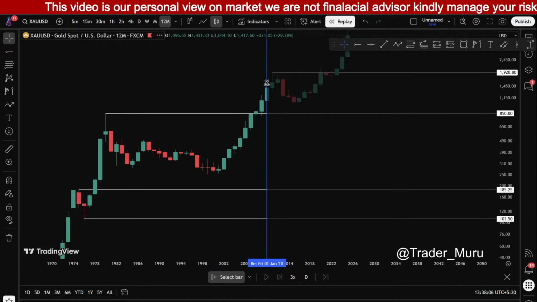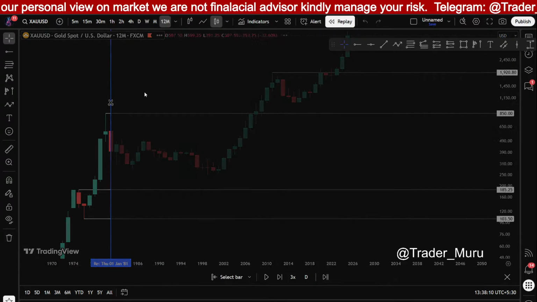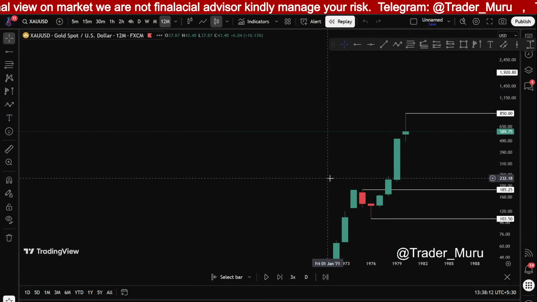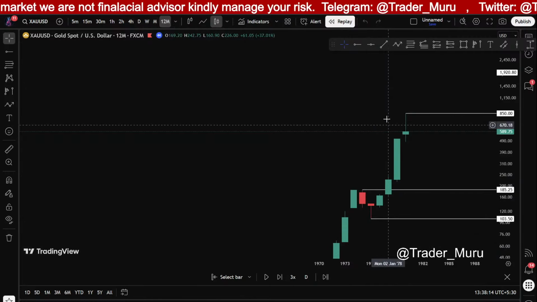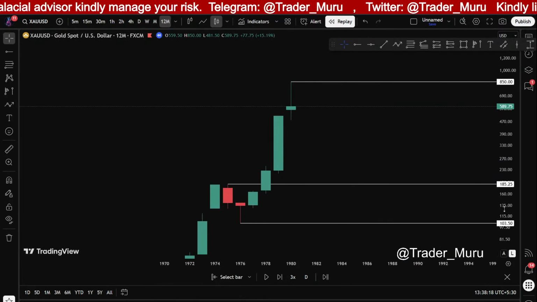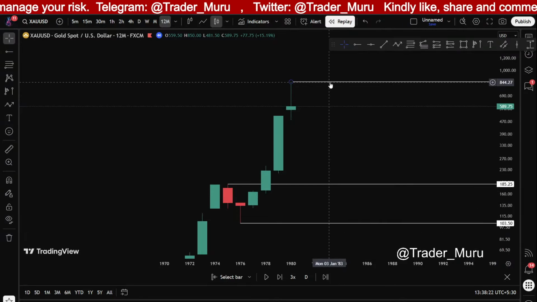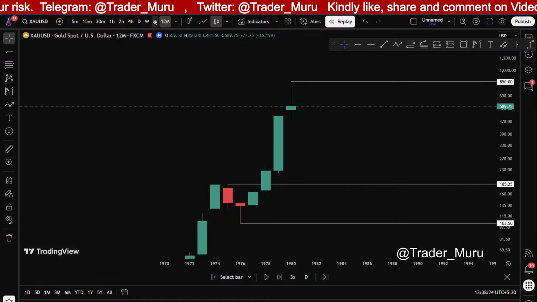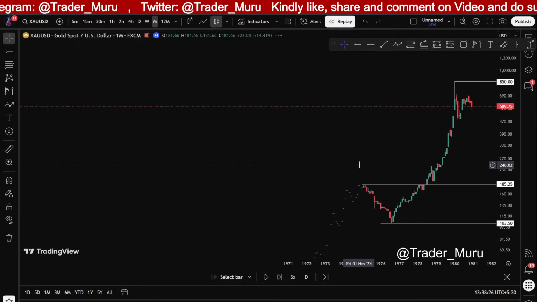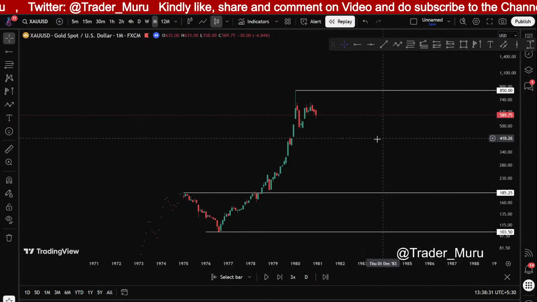Just forget about this and just watch this zone here. Okay, we have 185, then a drop towards 103 and a rise to this area of 805.